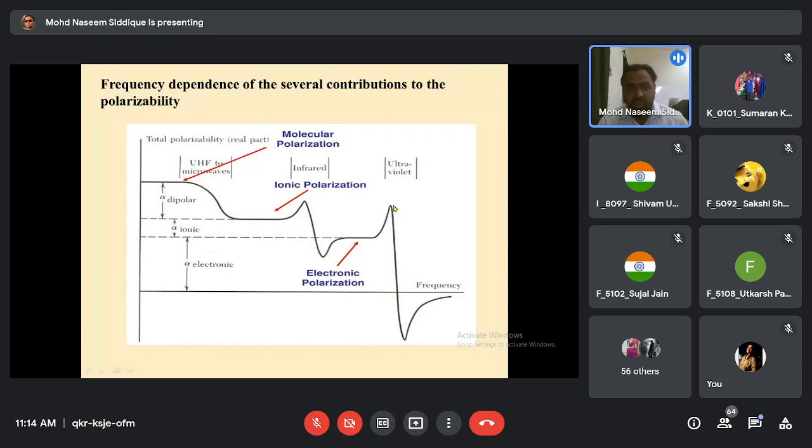I use this graph only to understand clearly the frequency dependence of the several contributions to the polarizability. Actually, the graphical method is better than the mathematical expression. I hope you all have understood the frequency dependence of the several contributions to the polarizability.